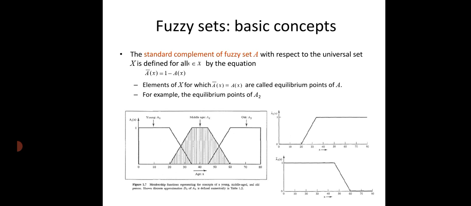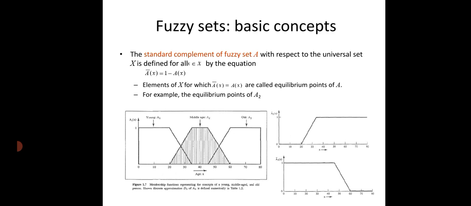Now we are entering the basic operations: complement, union and intersection. These are the basic operations on a fuzzy set. Generally we are clear about the complement, but here the complement is 1 minus the fuzzy set.